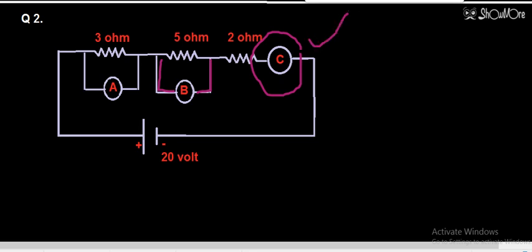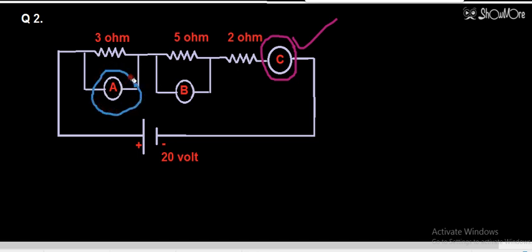So students, whenever you see a series device connected with any resistance or in any circuit, the series device is always an ammeter. The parallel device, like A is connected parallel here and B is connected parallel here, is always a voltmeter, a parallel instrument connected for reading voltage.